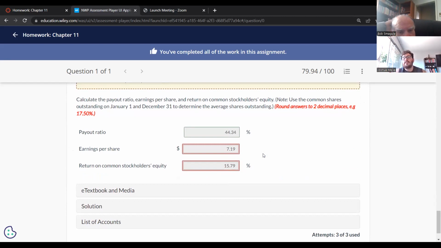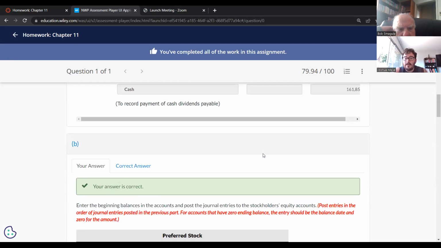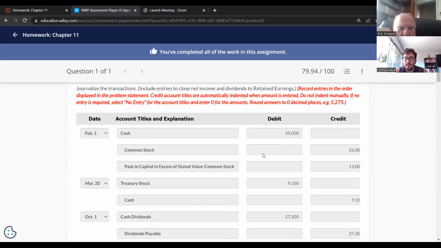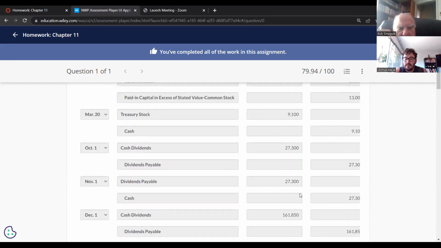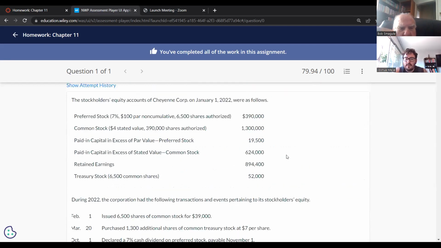So I was getting this one wrong because I had gotten this question wrong with the common stock for the outstanding shares and the dividends. Okay, we'll go back up to the beginning there.